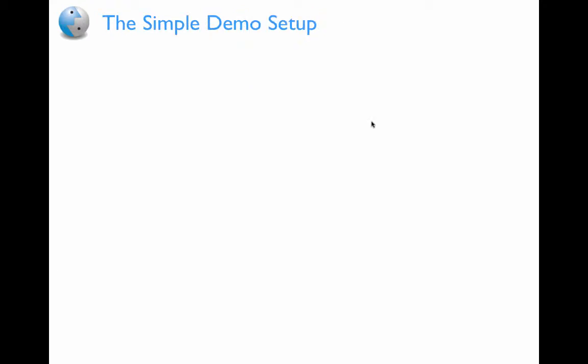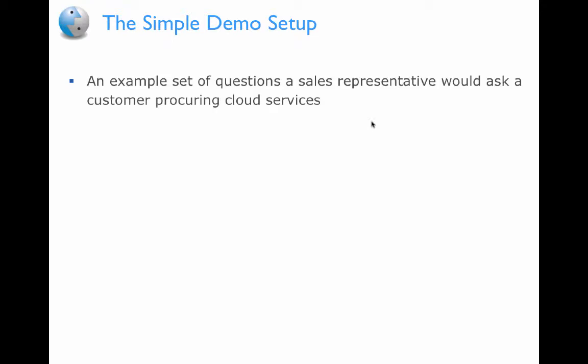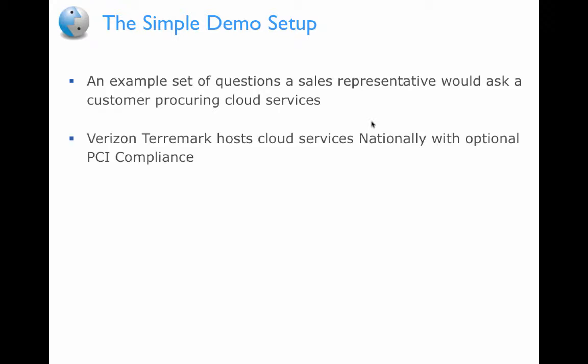So the demo I'm going to show you is going to give an example set of questions that a sales rep might be asked when procuring cloud services, and it's going to be based on two criteria: location and PCI compliance. Now, in this demo, we have configured this such that Verizon Terremark can host services nationally with PCI compliance.